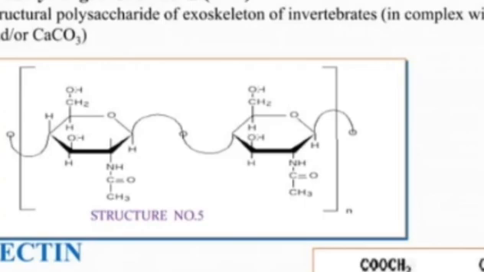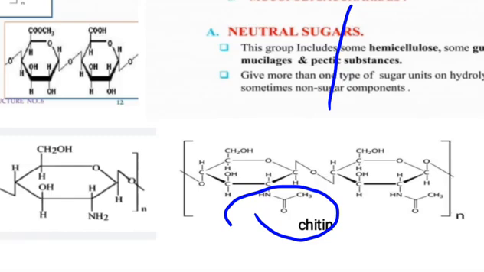Chitin is the structural component of insects, the skin of insects. So it's made of chitin. See the difference between chitin and starch: both of them have glucose, but the glucose in chitin is usually glucosamine. This is N-acetylglucosamine.